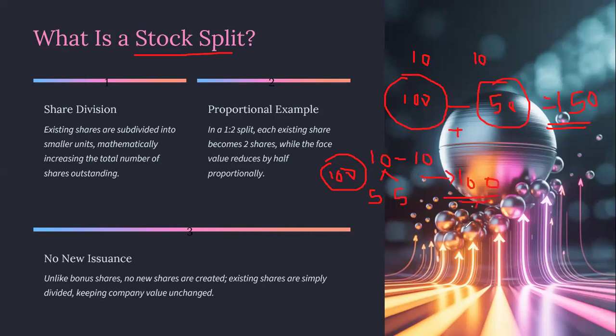But earlier it was 10 shares, and now the quantity will be 20 because I divided the shareholding into 5. So in stock split, I divide the shares, but the value will remain unchanged because the amount of capital 100 will remain the same, but the number of shares increases.